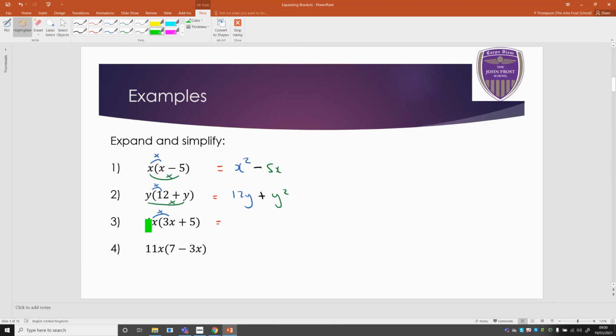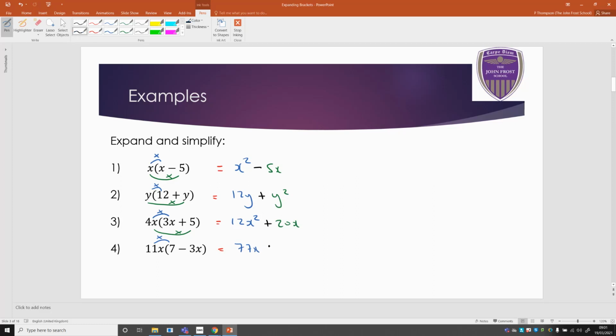Well, think about the numbers first. 4 times 3 is 12, and x times x is x squared, plus, and then 4x times 5, well, 4 times 5 is 20. Don't forget to put the x on the end. Job done.